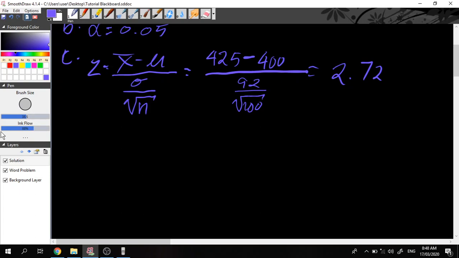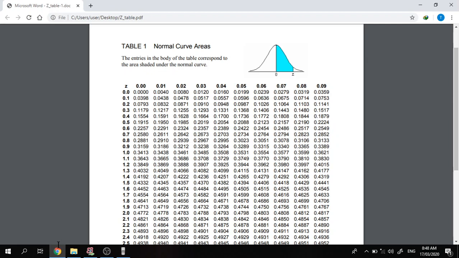So next, letter D. Dito na tayo gagawa ng ating decision. Bago tayo gumawa ng decision, kailangan muna natin itong z na ito i-convert in area or sa kanyang probability. So, gamitin natin ang Z table.